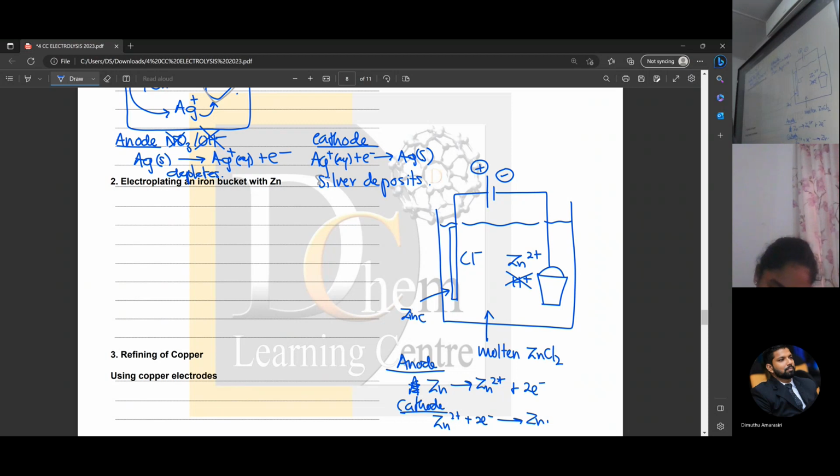And what are we going to do next day? We will be doing the remaining part of electrolysis. These 2 pages are homework. Please mark it as homework. Both pages are homework.